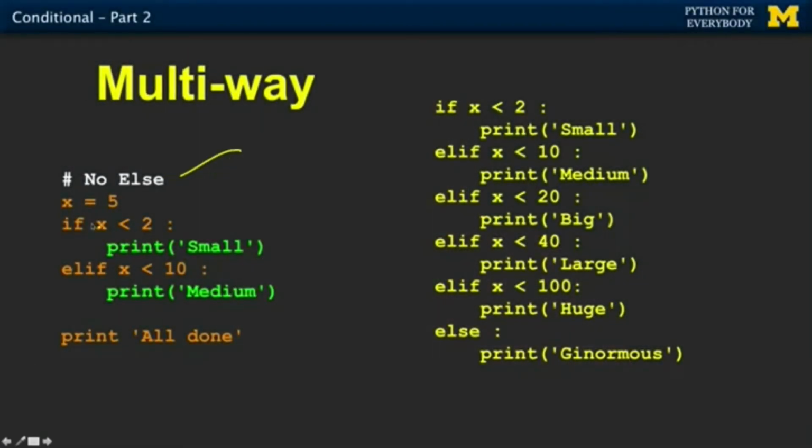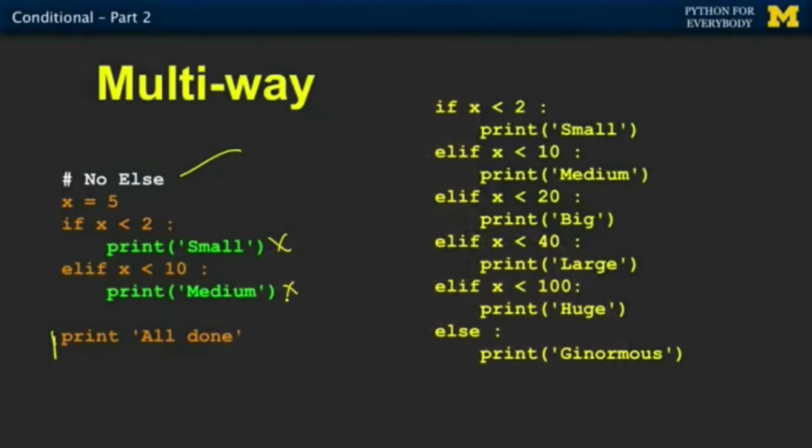So there are other variations on this. You can, if you want, have no else. There's no need to have an else. What we've done is we've simply de-indented this next line. There's no else here, but that's okay. It does mean that for some values, neither might execute, because if there's an else, then at least one will execute. But if there's no else, then it's possible that zero execute.